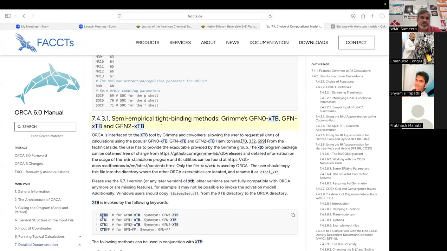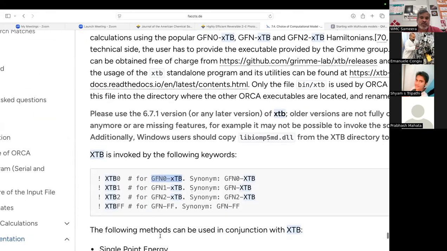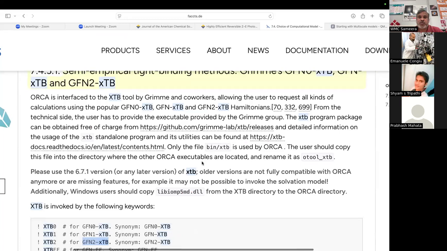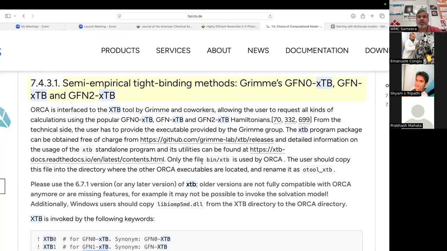If you print XTB 0, you are using GFN0-xTB, and the latest version, XTB 2, is GFN2-xTB, so the parameterization in the method is different. But anyway, if you want to use this program, you must take the XTB code from this link.